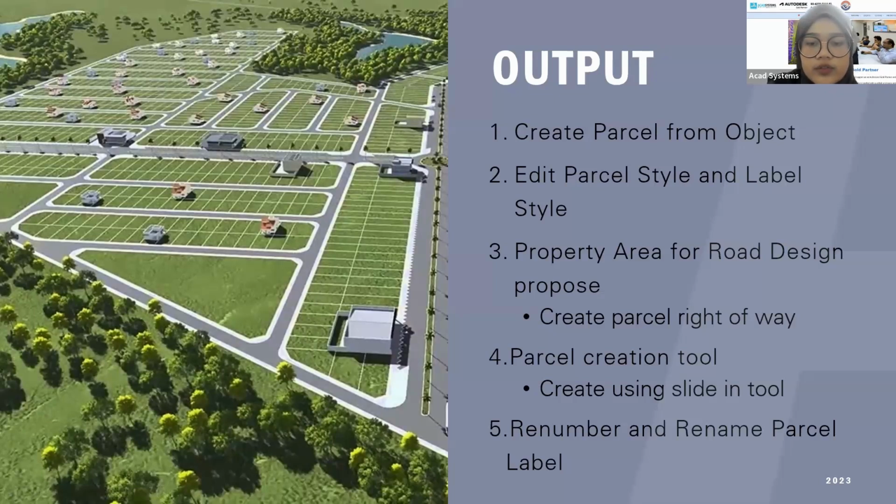Then I'm going to show you how to create a property area for road design purposes, using the parcel right of way. I'm also going to show you how to use the parcel creation tools to create a subdivision in your site area. And lastly, I'm going to show you how we renumber and rename the parcel label.